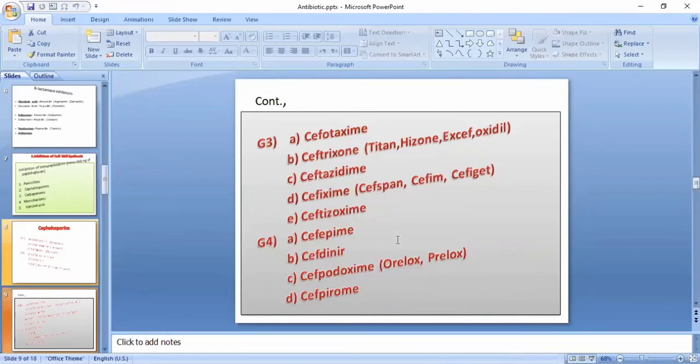Now the fourth generation has also been introduced, and it contains four drugs. The important one available in the market is cefpodoxime.